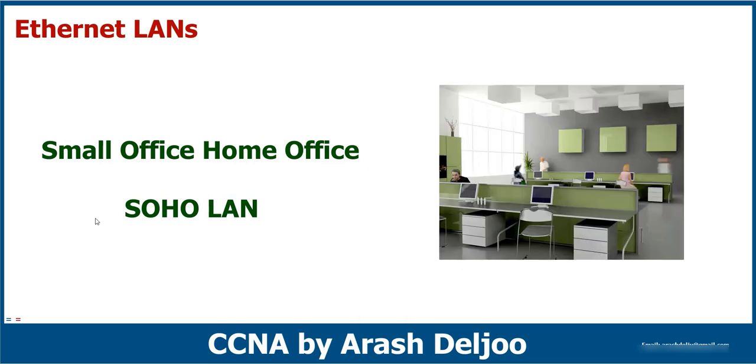Look at here. I'm going to give you one example about your DSL connection. You know that when we have a DSL connection, we have a device that we call, for example, a DSL modem or DSL router. What is a DSL router or DSL modem? Let me talk about that. You know that we need to connect the DSL router to the phone line for connecting to the internet.